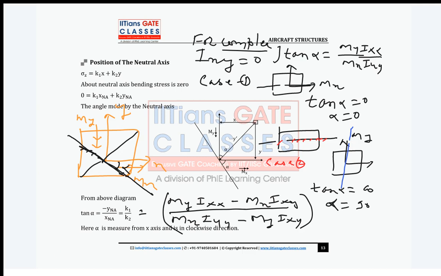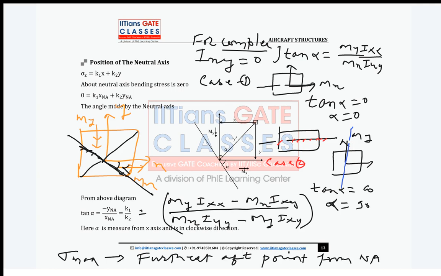Sigma max. Where? Furthest point from neutral axis, right?